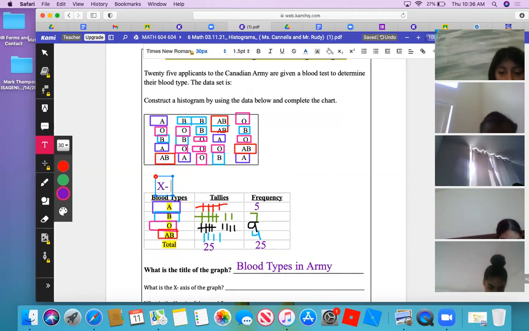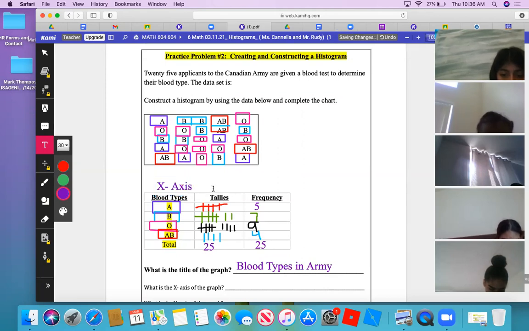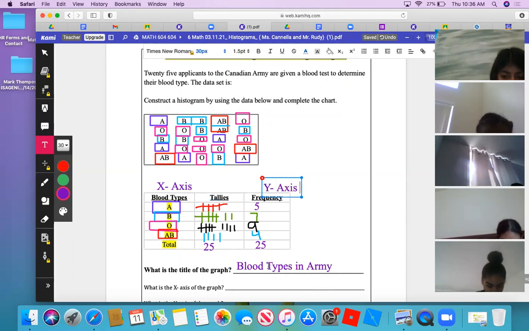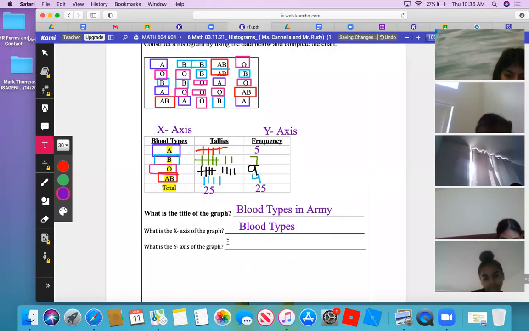And the x-axis is going to be labeled our blood types. And the y-axis is going to be how frequent it is.